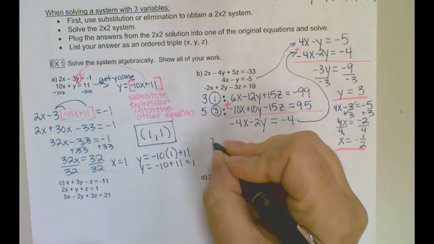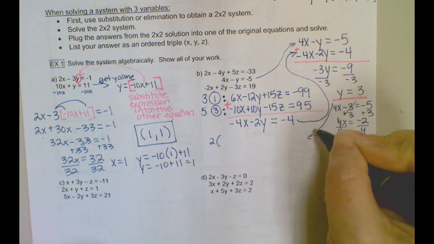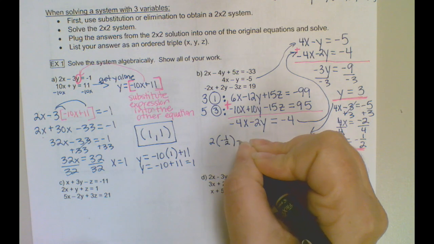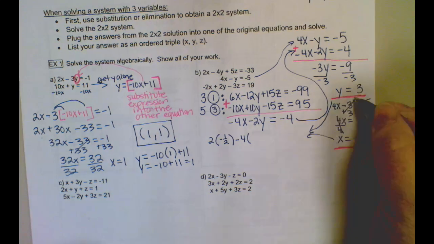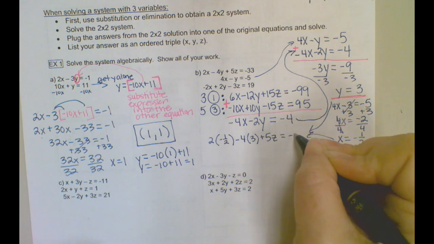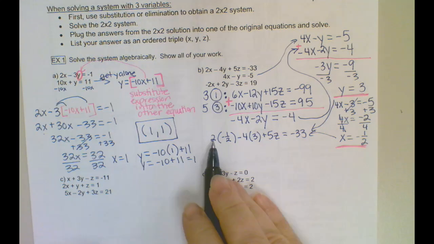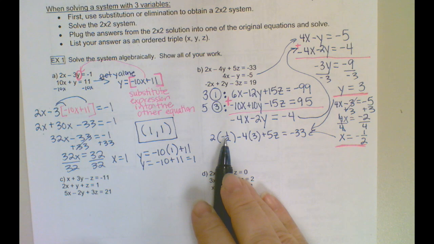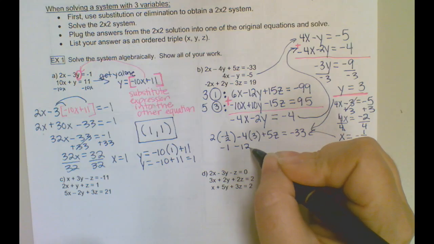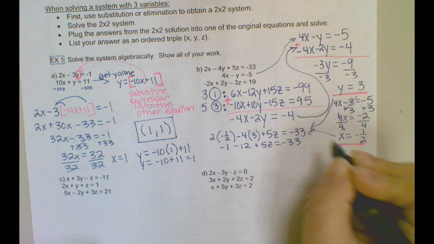So 2 times x, so I'm taking both of these and plugging them in here. So 2 times negative 1/2, minus 4 times y, which is 3, plus 5z equals negative 33. 2 times negative 1/2 gives me negative 1. This gives me minus 12 plus 5z. Combine the like terms.